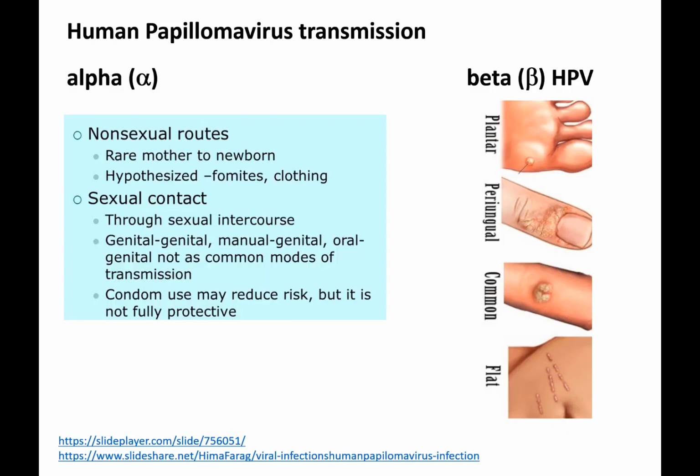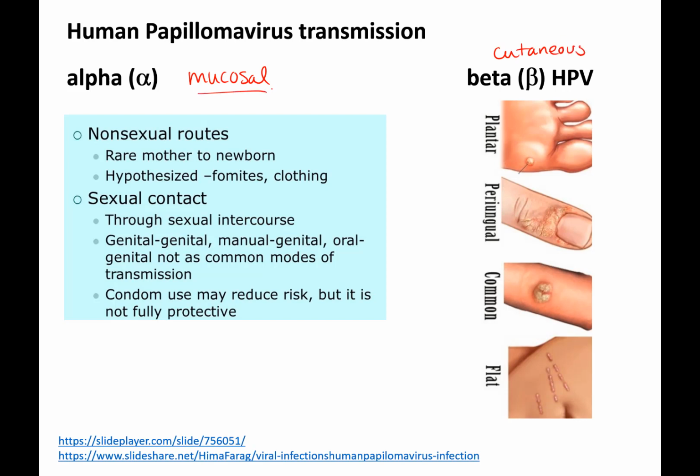How is HPV transmitted? There are alpha types that, oh, my notes are just totally mixed up here. Okay. That primarily infect mucosal regions. The beta are cutaneous, so at the skin level.